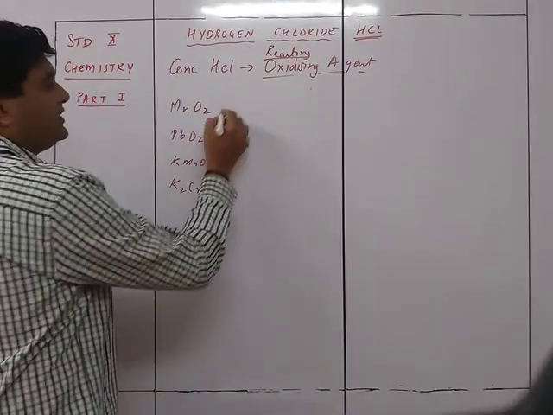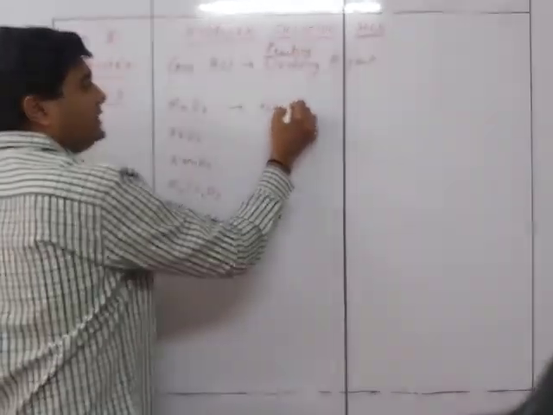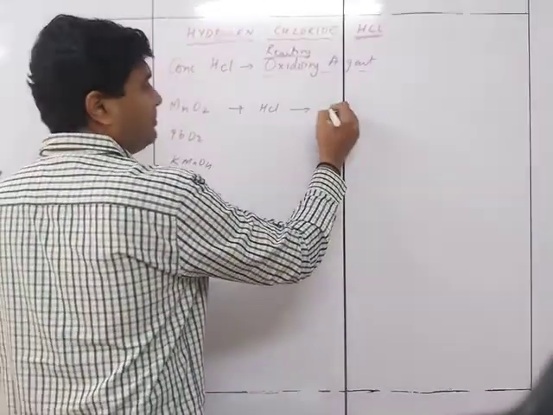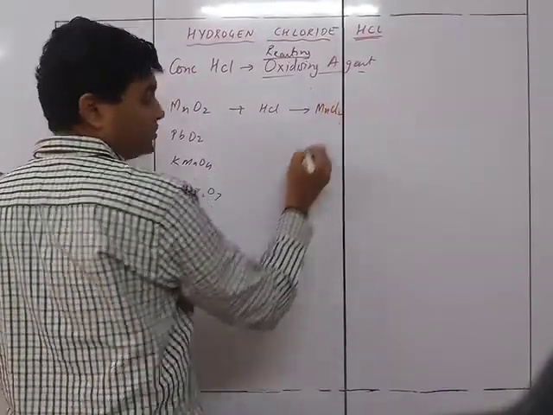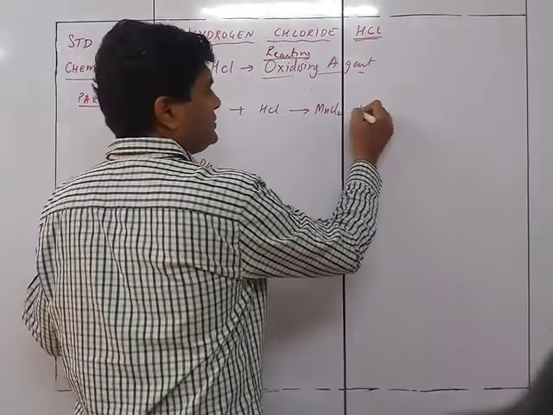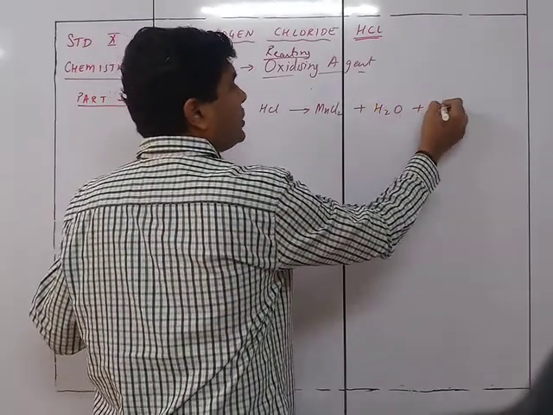Now when these oxidizing agents react with HCl, they are going to give me the reaction wherein we'll be getting MnCl2. So first thing is that it is going to give me salt plus water plus chlorine gas.